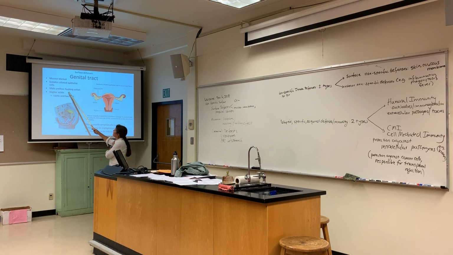In men, the flushing action of the urine is really important to keep invading pathogens out of the urethra. In women, the vaginal mucosa tends to be on the acidic side because of the good members of the microbiome, the lactic acid bacteria. They're fermenting, making lactic acid, and that's going to help inhibit a lot of opportunistic pathogens like Candida albicans.